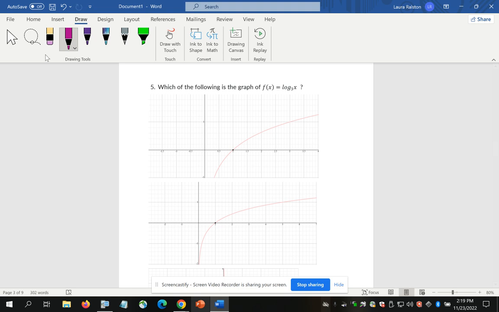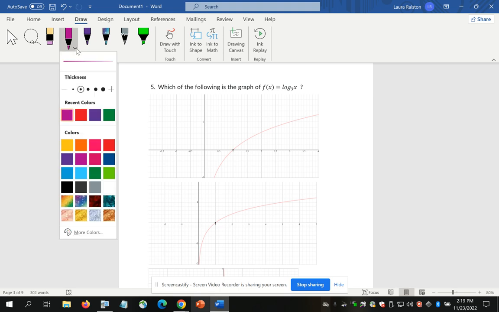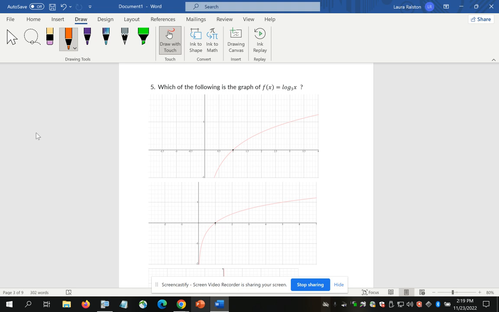Question 5 asks you, what does the graph of log base 3 of x look like? Now this one's a little bit trickier to do, but what you can do is convert this. We know that in logarithmic form this would be 3 to the y equals x.